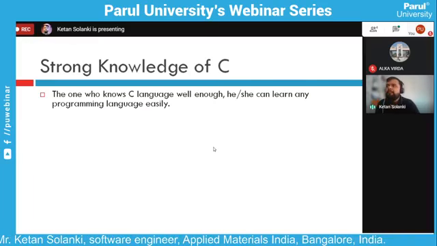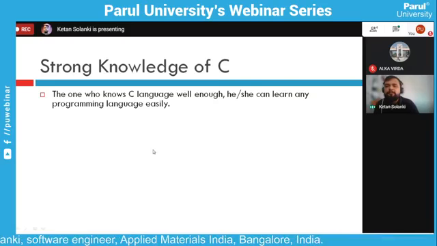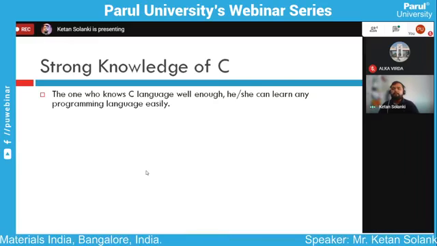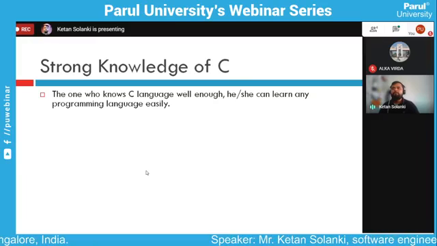The second thing is why we should have a strong knowledge of C programming. The very first point is that C is easy to learn compared to all others.